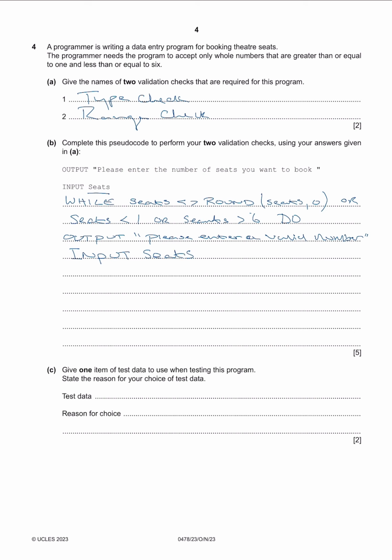And then end while. I think that's it. Okay, end while. Now these are keywords in pseudocode, so we capitalize them. So I've got while, my condition. So while seats is not a whole number or it's not within the range, then I output the error message or the correction message. They input seats again, end the while, and we are done.